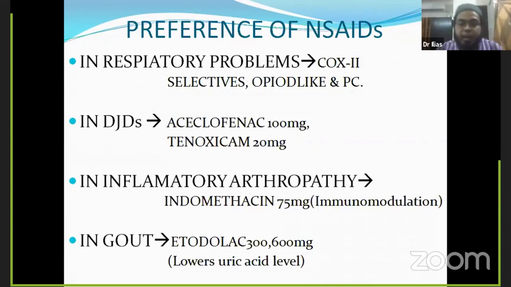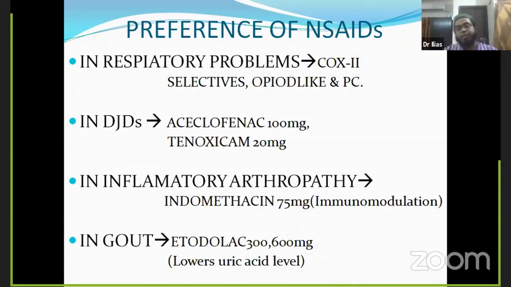But in that relation, we should know that there are three NSAIDs which are harmful in the degradation of the cartilage. These are the naproxen, the etoricoxib, and another one is the indomethacin. Though these will reduce down the pain, they will have some kind of deleterious effect on destructing the cartilage in the joint.